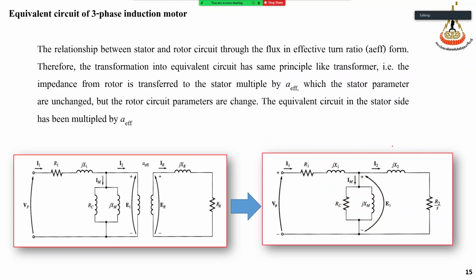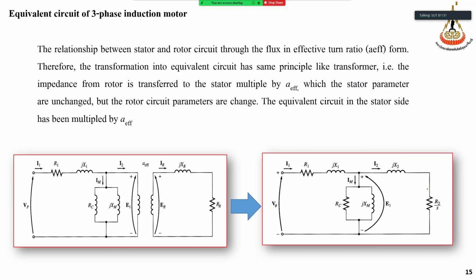Okay, and S is the slip. When the motor has a higher load, the slip increases, right? As the slip increases, this value decreases, the current will flow to this part more, and the output is high.